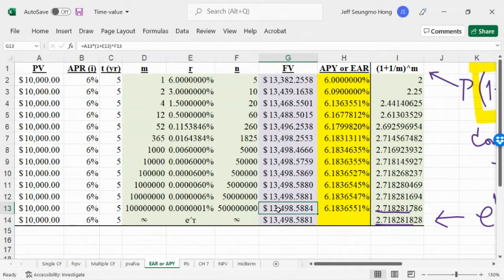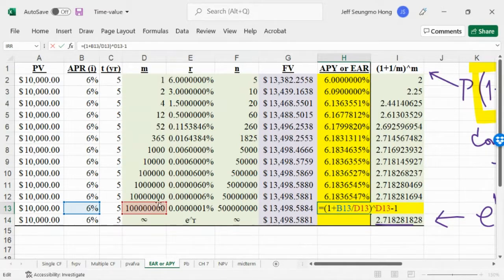And it's actually less than compounding when the compounding frequency is 100 million times a year. It's close to when it is 10 million. But actually, if you find the APY, what is APY?